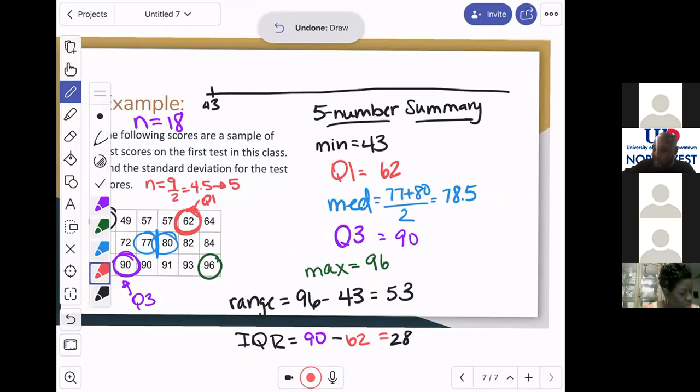Q1 is at 62. The median's at 78.5. Q3 is at 90. And the max is at 96.